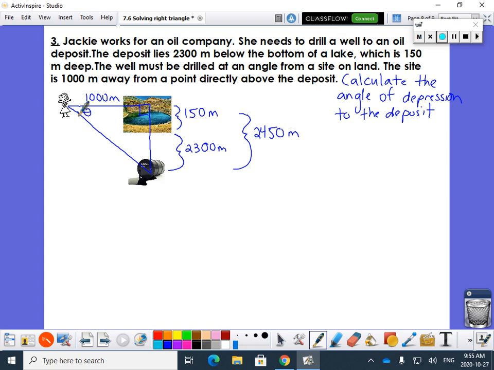So before we do our calculation, let's do our let statement. It says calculate the angle of depression. Well, we know that theta is going to represent our angle of depression. So I'm going to say let theta be the angle of depression to the deposit.